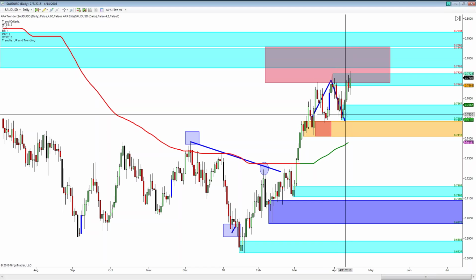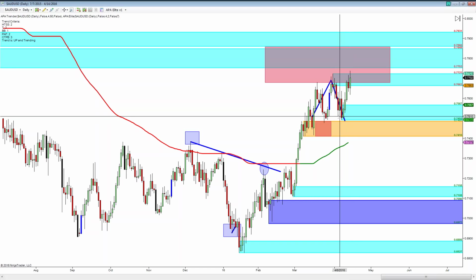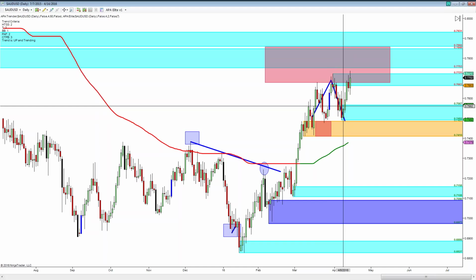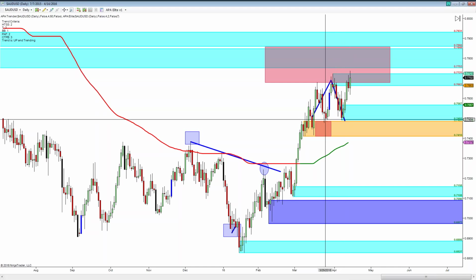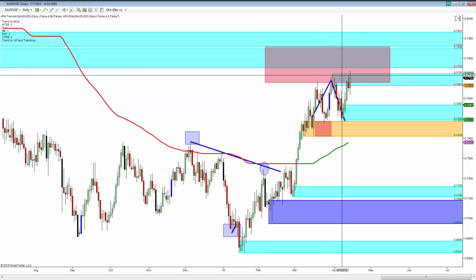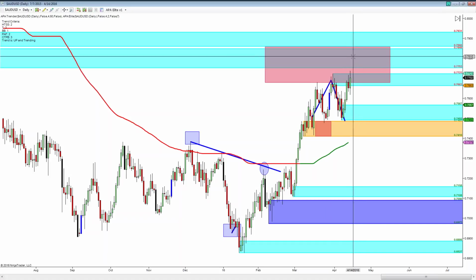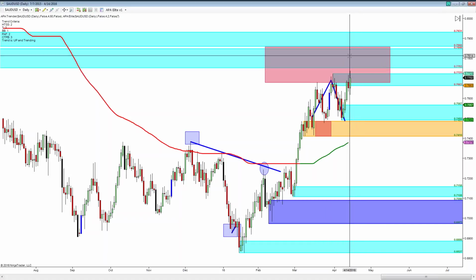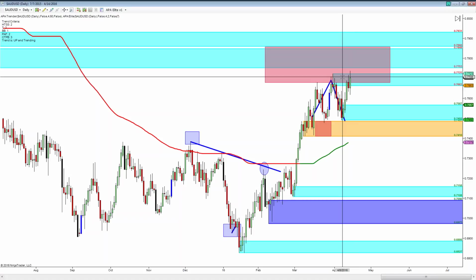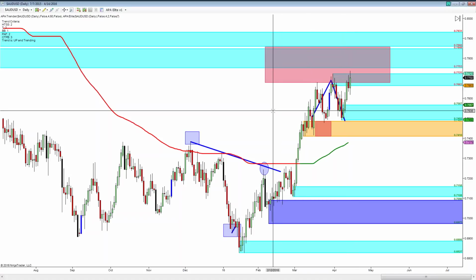I wait for better entries. Like this level down here would have been a nice entry to go long. Even back here would have been a nice entry to go long. But I'm just going to wait and see what happens when price gets up in this level, because I'm pretty sure it's going to get there in the next couple days, maybe by next week, and then we'll see what happens from there. What's your take on this pair, Gabe?